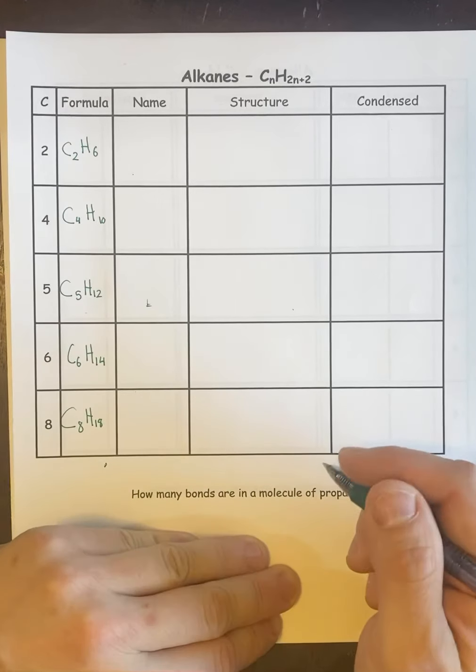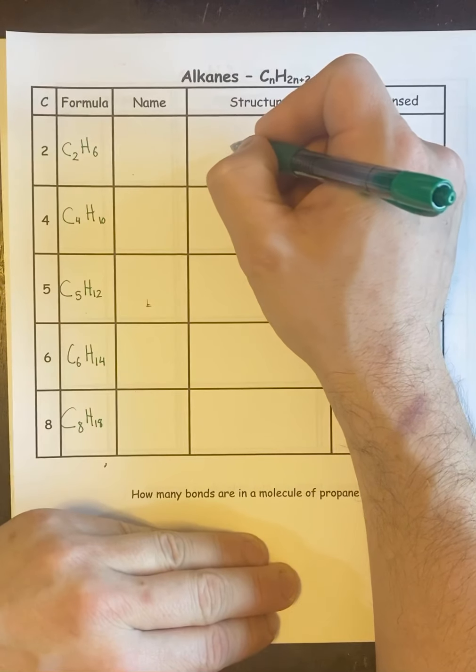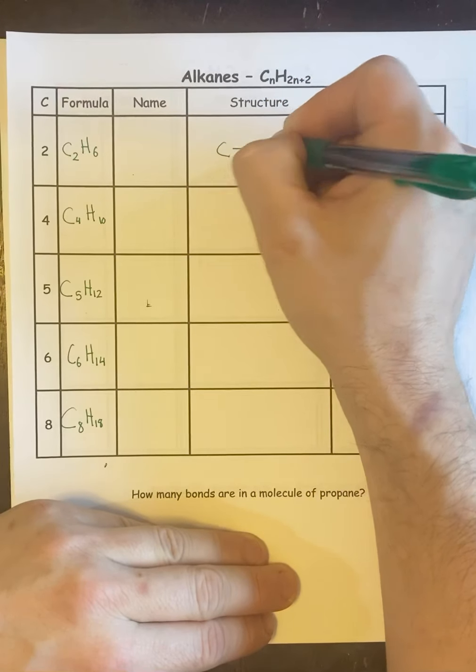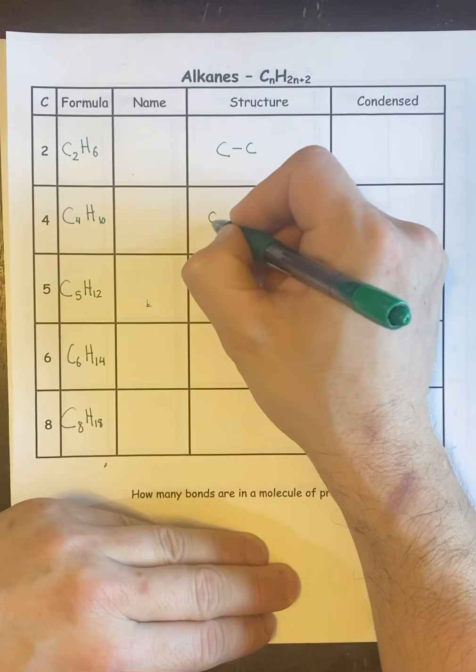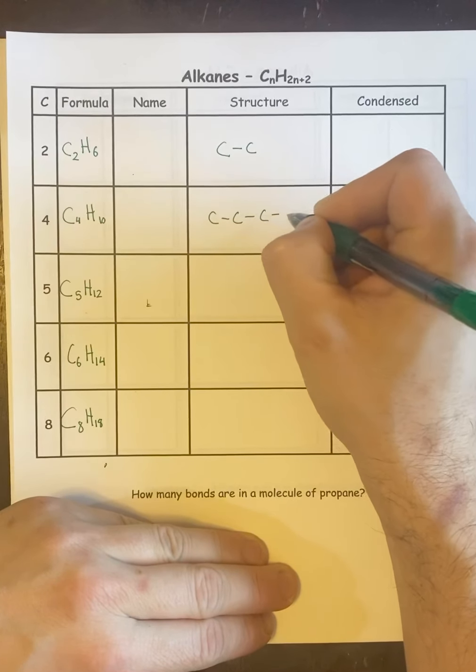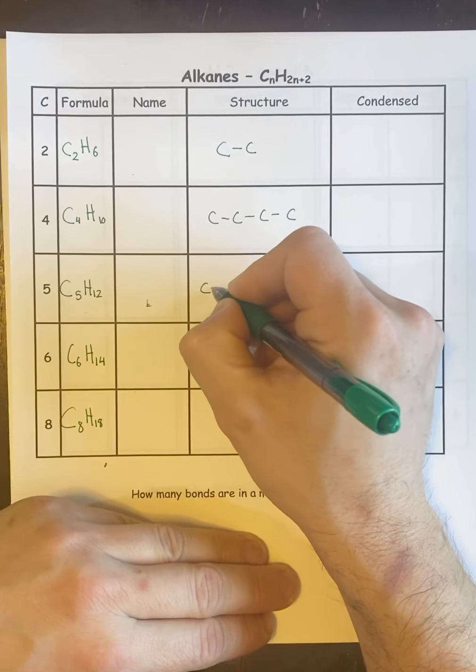So we need a stable structure. Here's the easy way to do it. Since they're all single bonds, you bond your two carbons together. Here, you always start by bonding your four carbons.